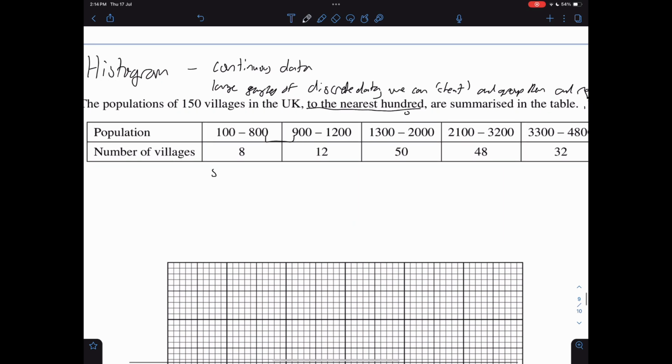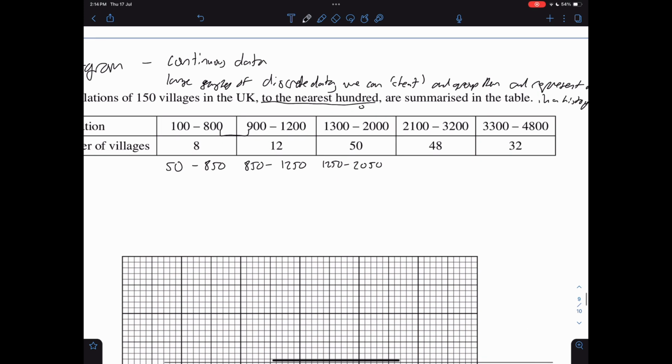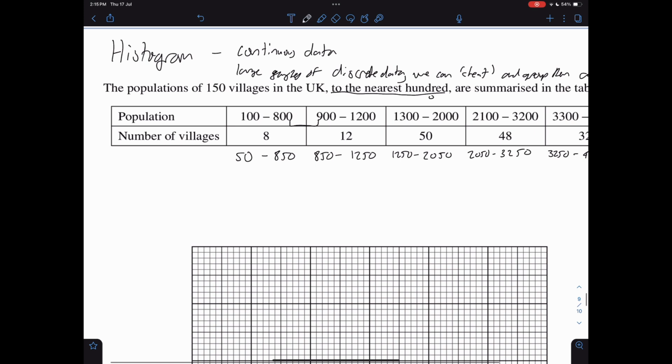So what this says, this could actually be 50 to 850. This could be 850 to 1250, 1250 to 2050, 2050 to 3250, and 3250 to 4850.